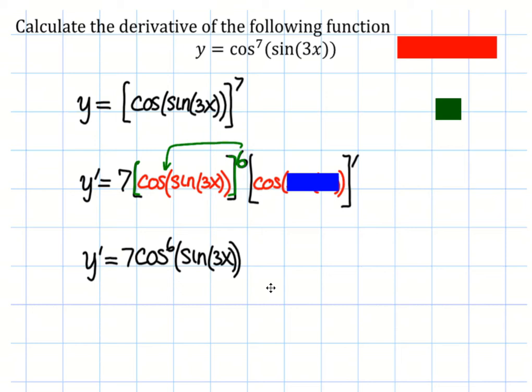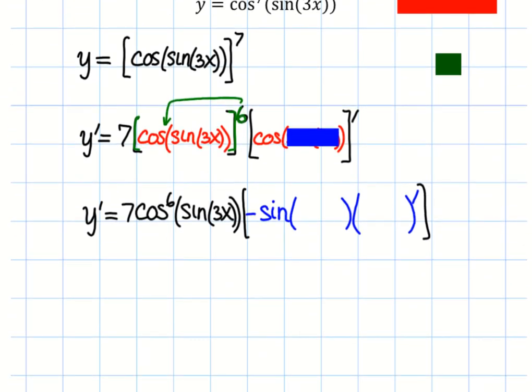Next, the derivative of cosine is going to be negative sine of whatever is inside the parentheses, and the derivative of that parentheses. Notice that it is multiplied by the negative and not subtracted. So to be safe, I put the bracket here. Right.